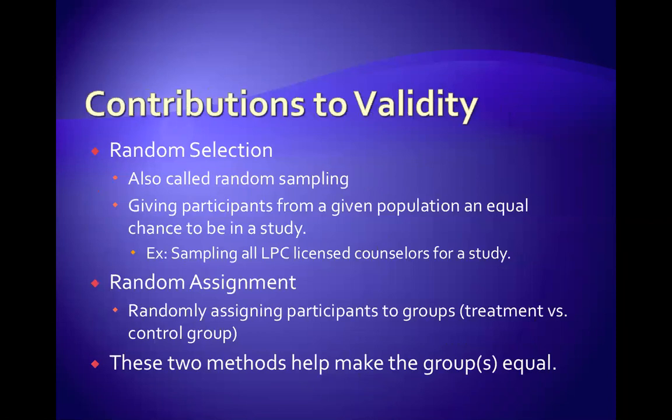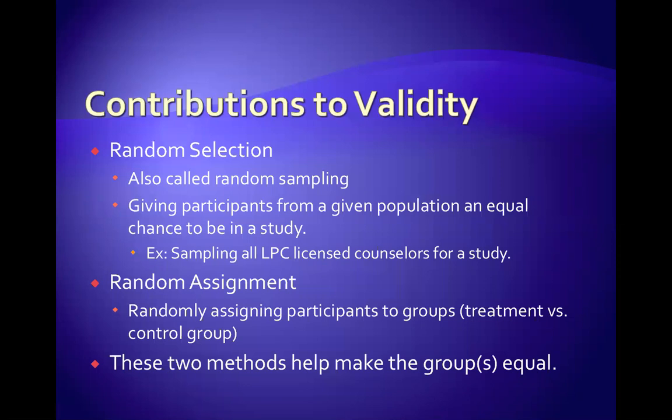Random selection, of course, is also called random sampling. That's giving participants from a given population an equal chance to be in a study. So, selecting all LPC licensed counselors for a study. Let's say you want to do a study of LPCs in terms of their mental health. Really, LPCs are independently licensed counselors.